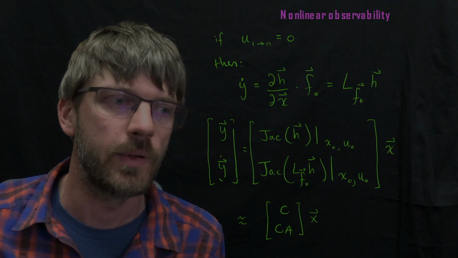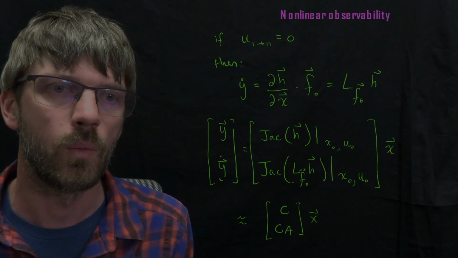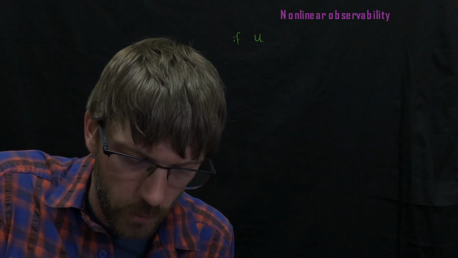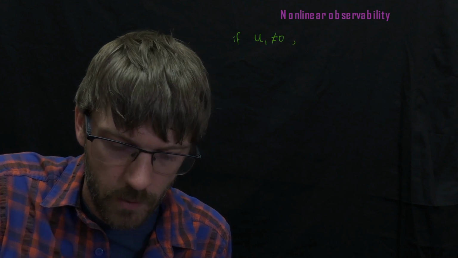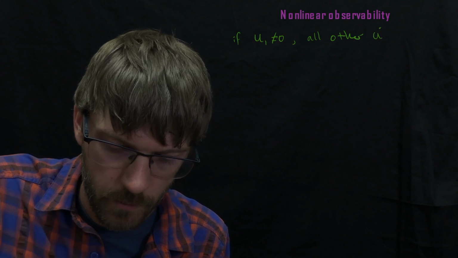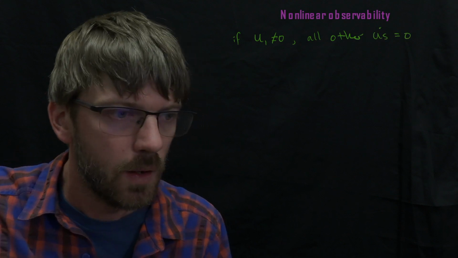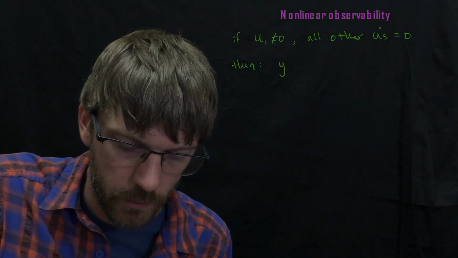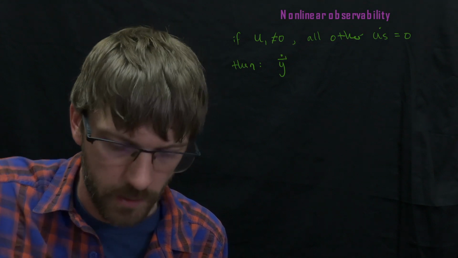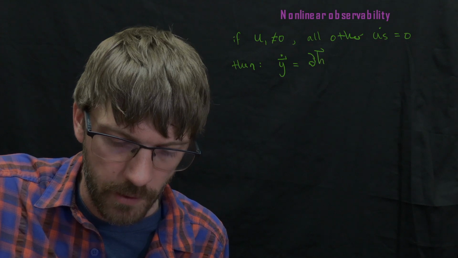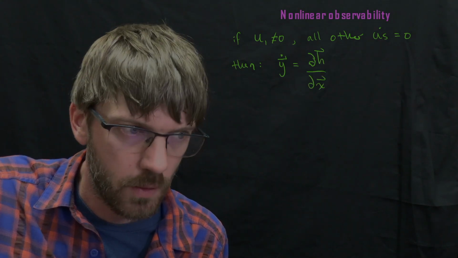Now let's think about what happens if one of the controls is not 0, but all the other ones are. So if u1 is not 0 and all other controls are, then when we look at the derivative of our measurements, y dot, we will have the derivative of h with respect to our state.